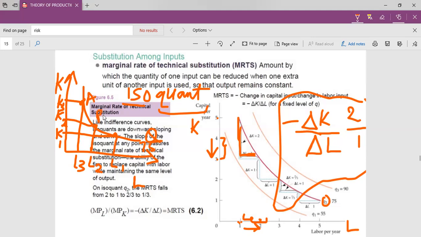B is that point that shows a combination of labor and capital. C is that combination that shows a combination of capital and labor, that is, a combination of two inputs in the production process, for example, capital and labor, that yield the same output. So I hope we are together up to that level.